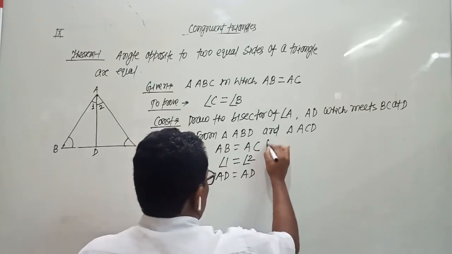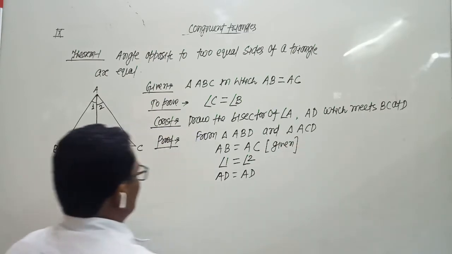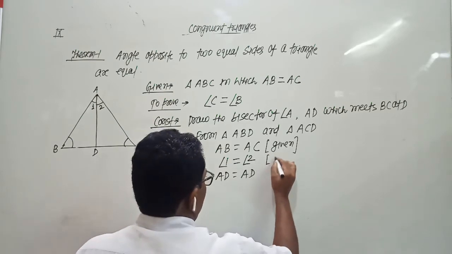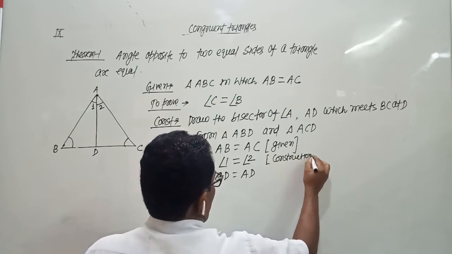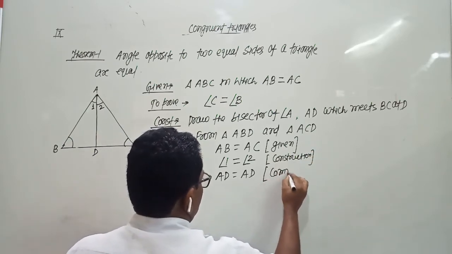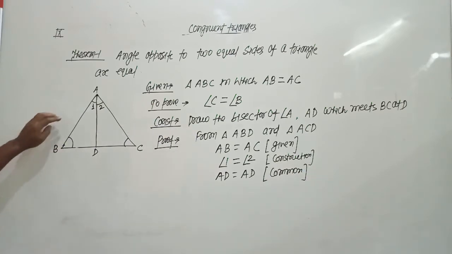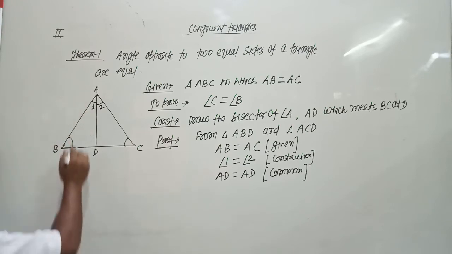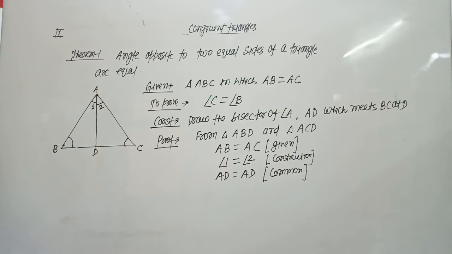So AB equals AC, this is given. Angle 1 equals angle 2 by construction, and AD equals AD, this is the common side. So by SAS, side AB, angle 1 and again side AD, these two triangles are congruent.